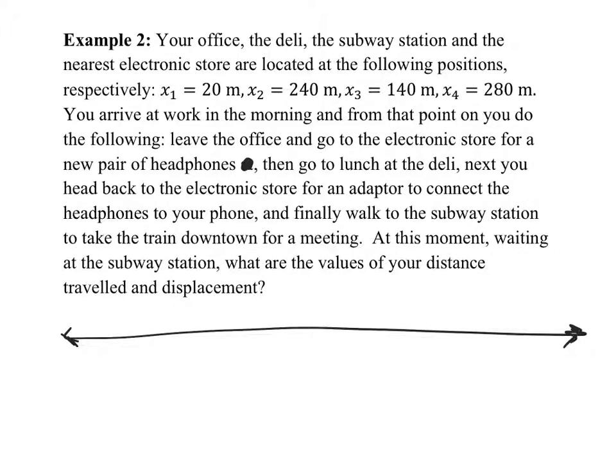Here, I'm thinking about this as flat land. So I've got the office right here at 20. At 240, I've got the deli. At 280, I've got the electronics store. And then here at 140, I've got the subway. So that would be my diagram for a problem like this.